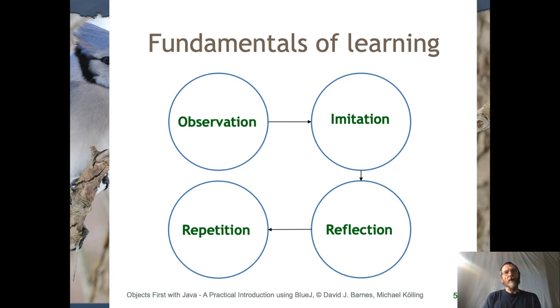So your observation and imitation will require some adaptation to understand the overriding principles, but then the ways in which you need to adapt in order to make the imitation work for a new situation. And that might involve reflection. And then you repeat, and eventually you'll get there. It's the nature of learning that a lot of repetitions are often required before you finally get there.